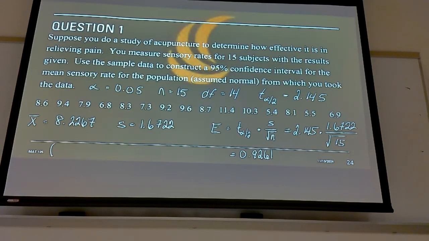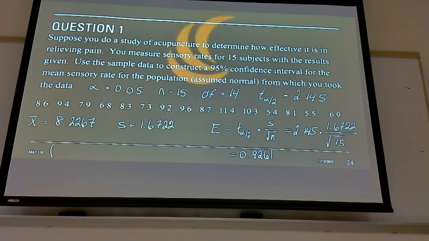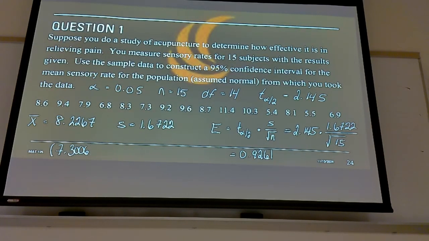As the lower limit, I got 7.3006, and the upper limit I got 9.1528. So there is our 95% confidence interval.